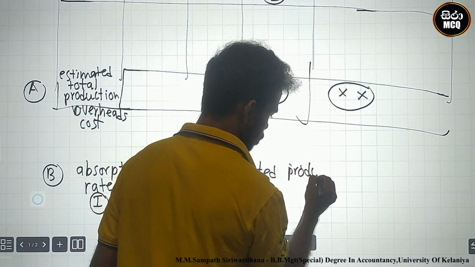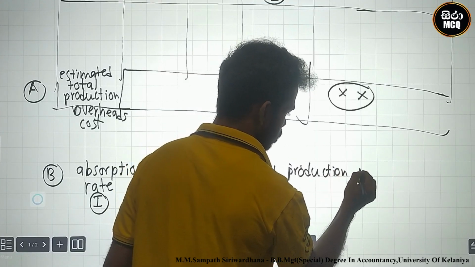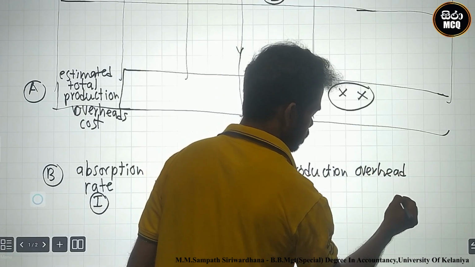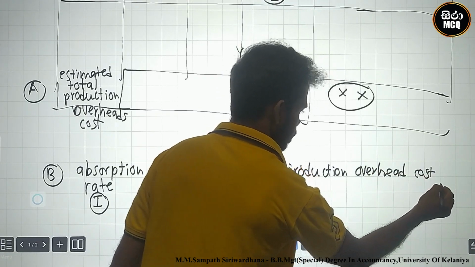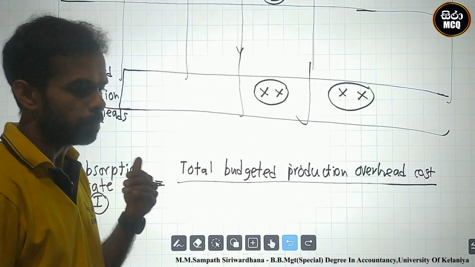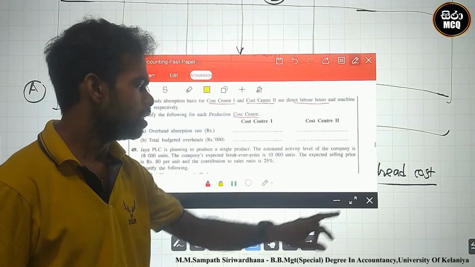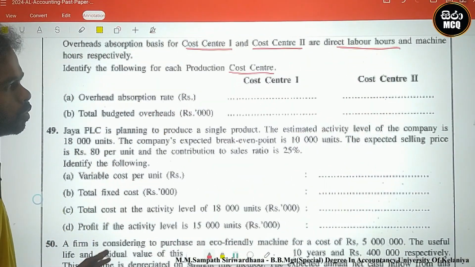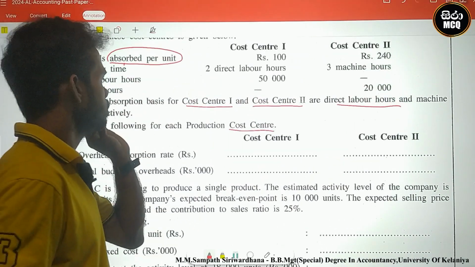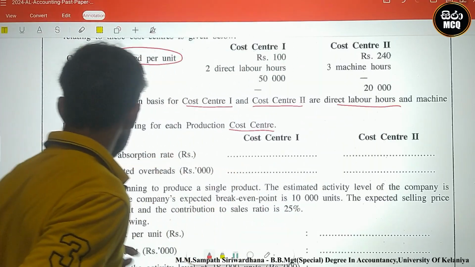Budgeted production overhead cost, dividing by what is the basis, machine hours or labor hours? This relates to cost center 1. Look here at the overhead cost absorption basis: cost center 1 is direct labor hours.